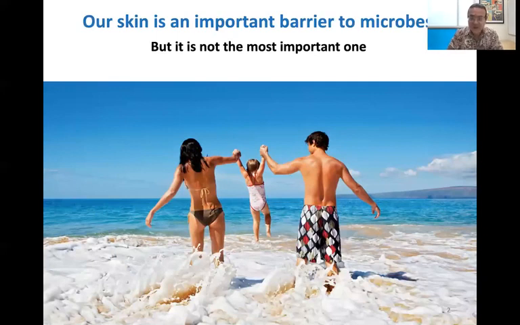When we think about physical barriers, they are the first kind of defense against microbial infection. Right? Whether you're talking about viruses or bacteria or parasites, we rely upon physically keeping them out.